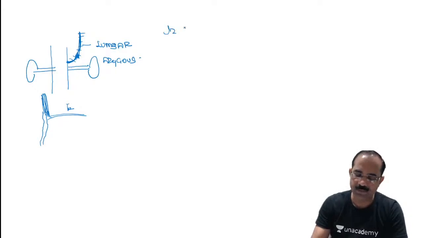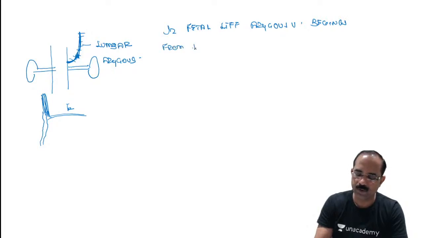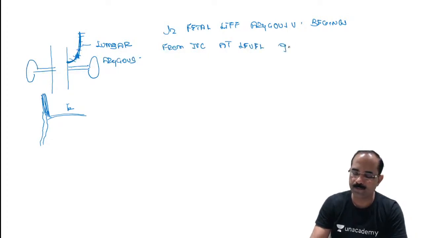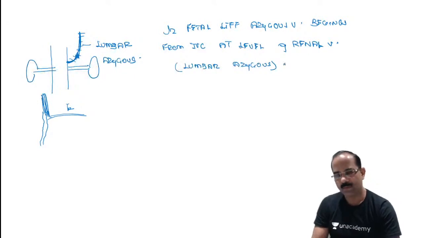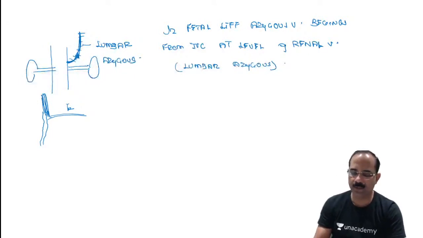So in fetal life, the azygous vein begins from the IVC at the level of the renal veins. This is what we call lumbar azygous.